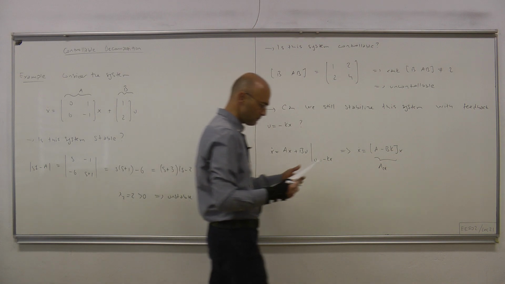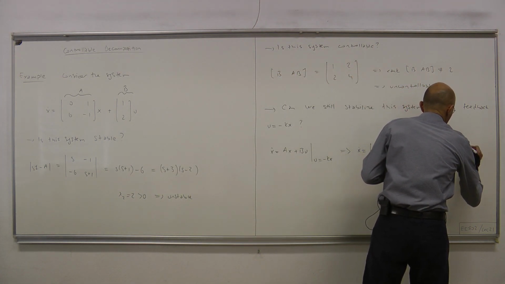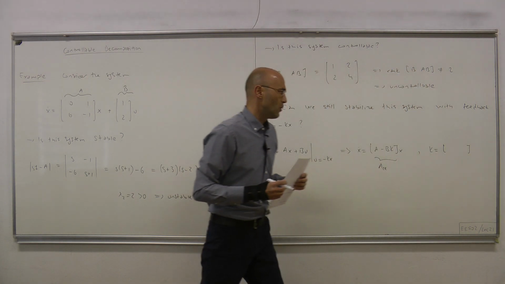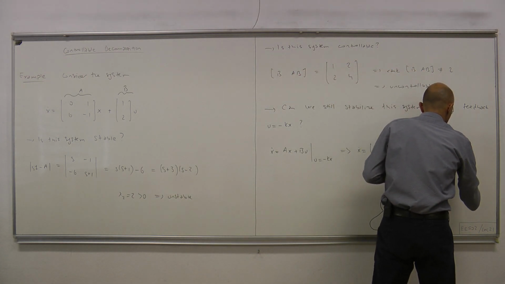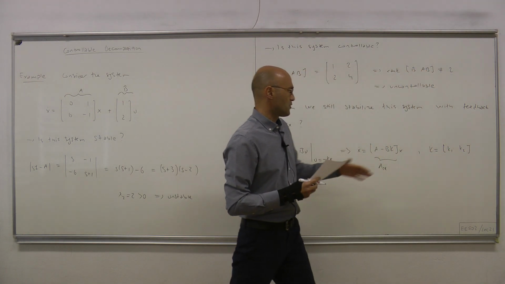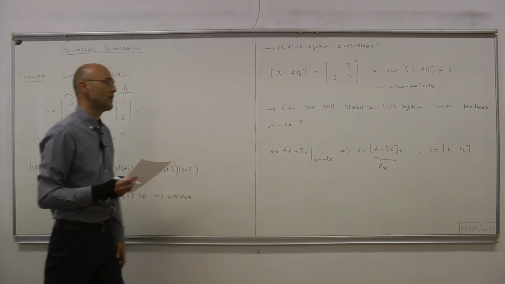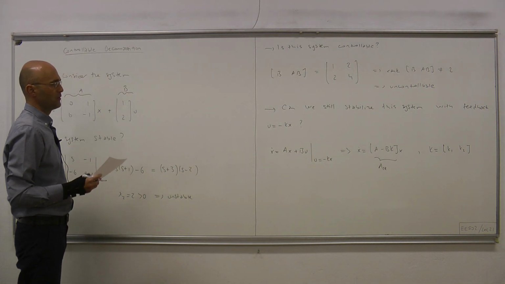Okay, and K is a 1 by 2 matrix, or in open form it has this structure. K1 is its first entry and K2, both scalar real, is its second entry.